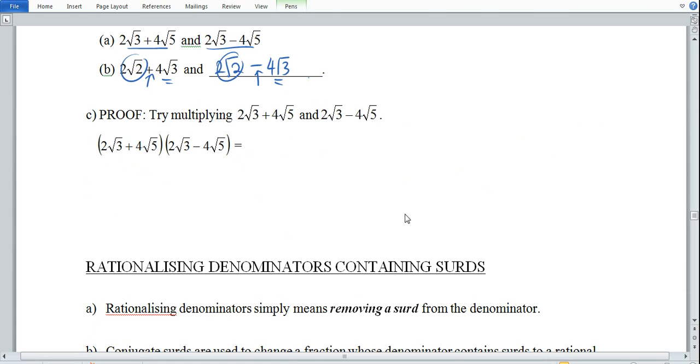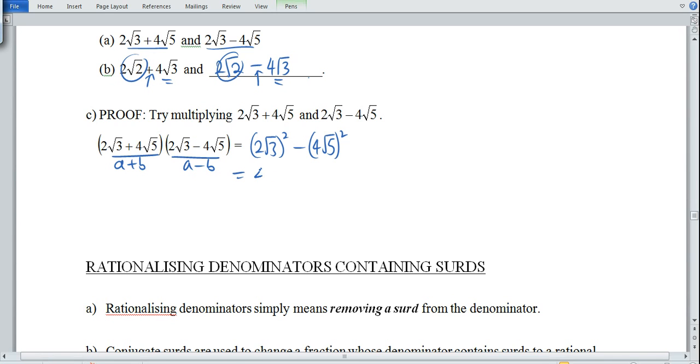Because of the difference in sign in the conjugate surds, when we multiply them and expand, notice that they will be in the form of a plus b, a minus b. So if I expand them, I can use the algebra identity a squared minus b squared.